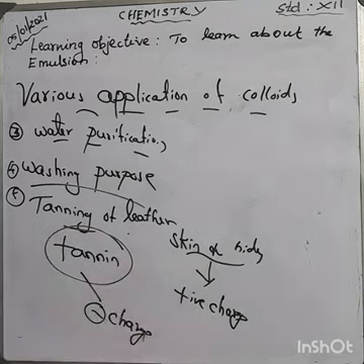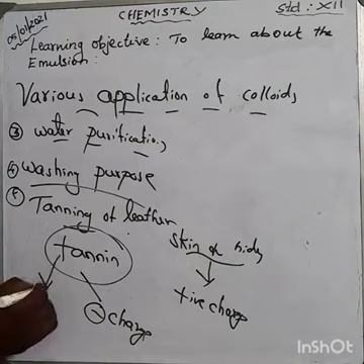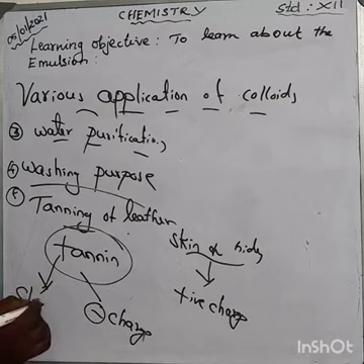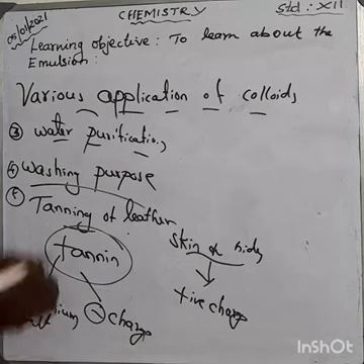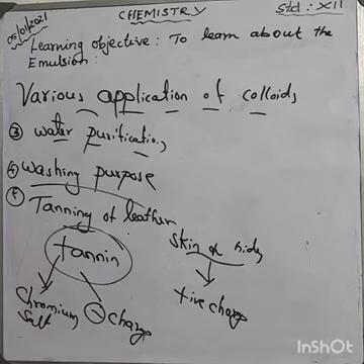Both undergo mutual coagulation. So what happened? The leather is hardened. For this application, which salt is used? Chromium salt. Here we use chromium salt for the tanning purpose. So these are the applications.